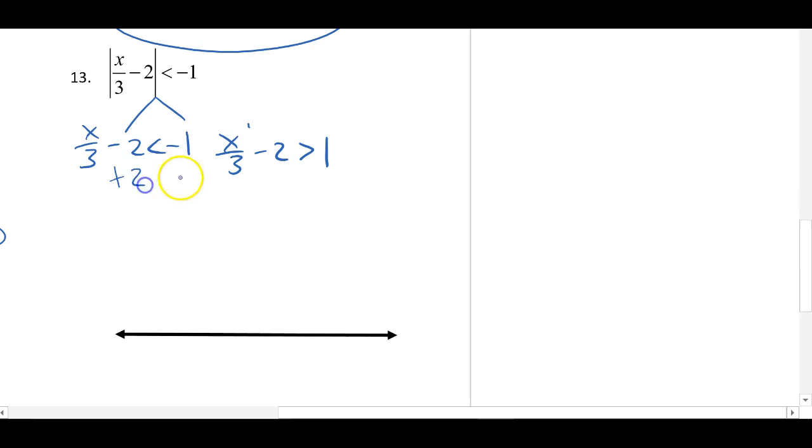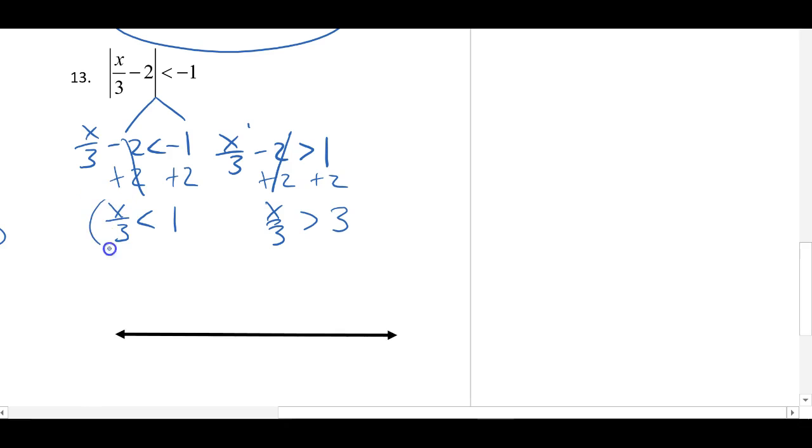Okay, so again, just solve it like an equation. Plus 2, plus 2, plus 2, plus 2. I have x over 3 here. Negative 1 plus 2 is 1. Okay, x over 3, 1 plus 2 is 3. And now what we need to do is get rid of this 3 on the bottom.